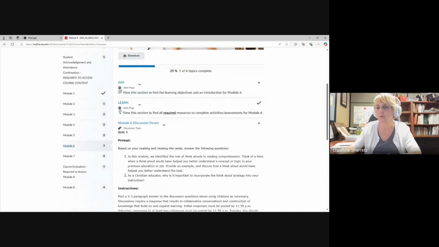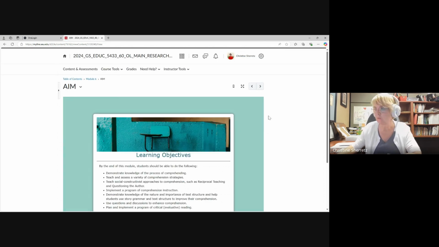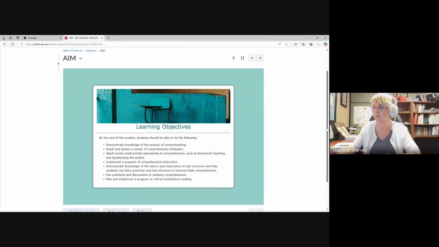So I'm going to go to Module 6, as you can see. Let's first look at our aim, what our objectives are for this module. In this module, the focus is comprehension. We want to demonstrate knowledge of the processes of comprehending. We want to know how to assess comprehension, look at the different theories of comprehension, reciprocal teaching, questioning the author.